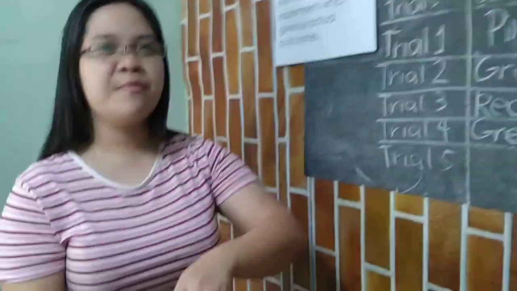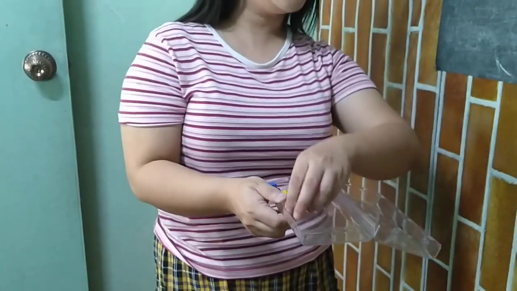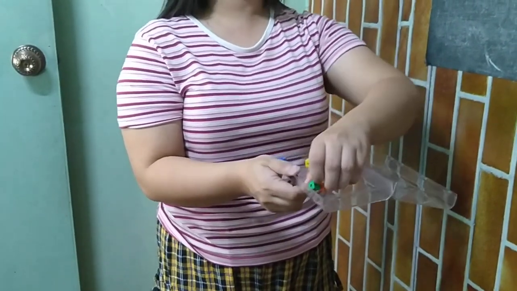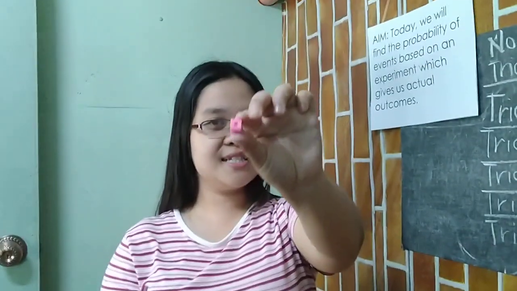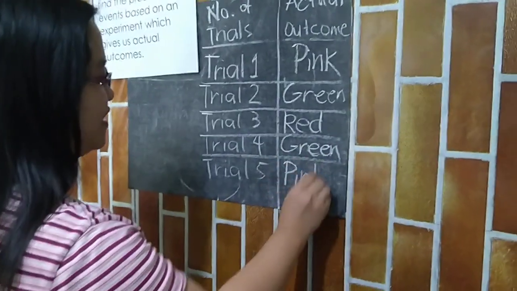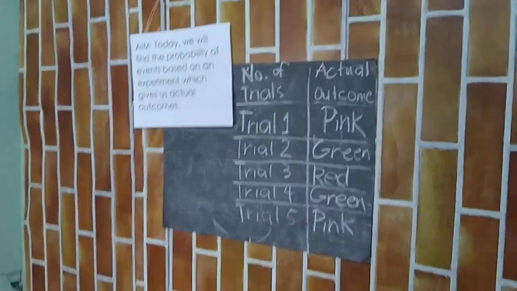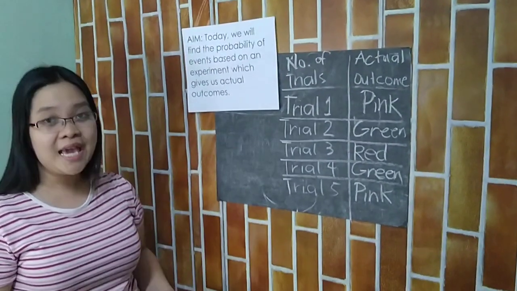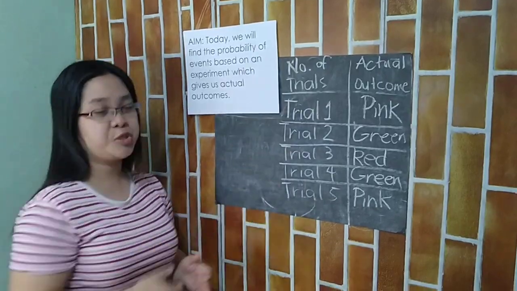And let's have our last trial. What will I pick? Is it pink? Is it green, red, blue, or brown? Or orange? Let me see. It's another pink. Okay, now, take a look at our table on the board. So, as you can see, teacher tried to pick a unit cube for 5 trials.